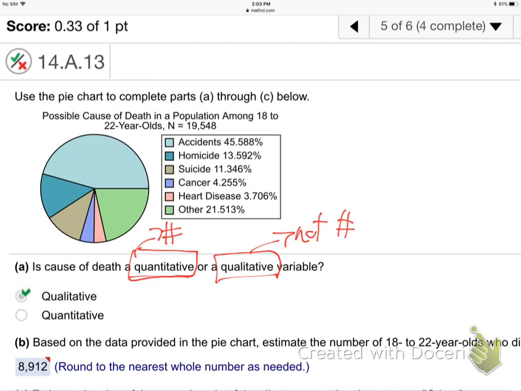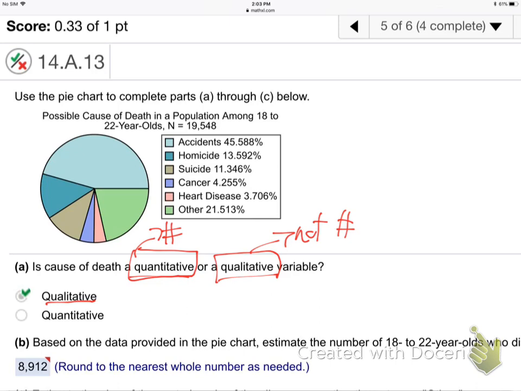Somebody said, hey, my friend died. How'd your friend die? 7. No, it's not a number kind of question, right? It's a qualitative kind of question. It was cancer or it was whatever, right? So it's qualitative. Cause of death is not a number.